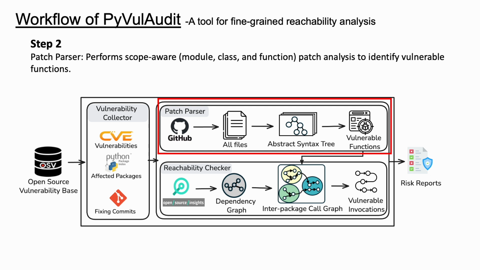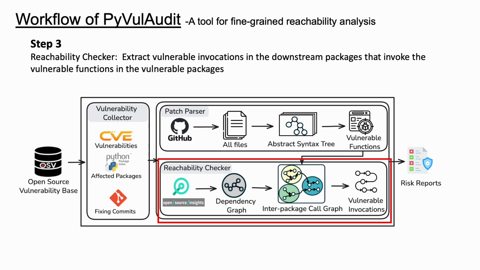For function scope modification, PyVulAudit directly marks the modified functions as vulnerable. Beyond that, PyVulAudit also addresses module and class scope modifications. By identifying the functions that reference the modified code elements, such as code attributes and module variables, it marks these functions as vulnerable as well.